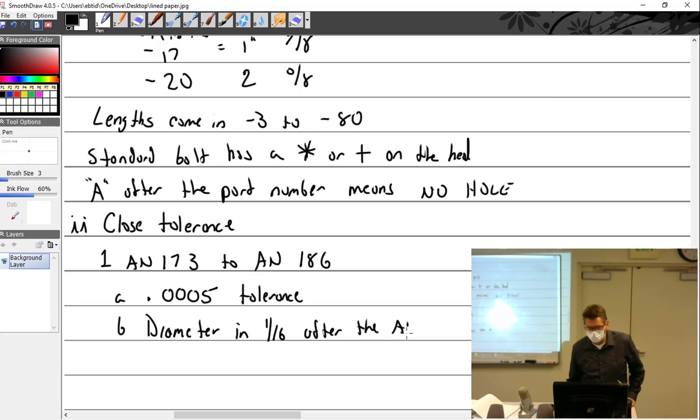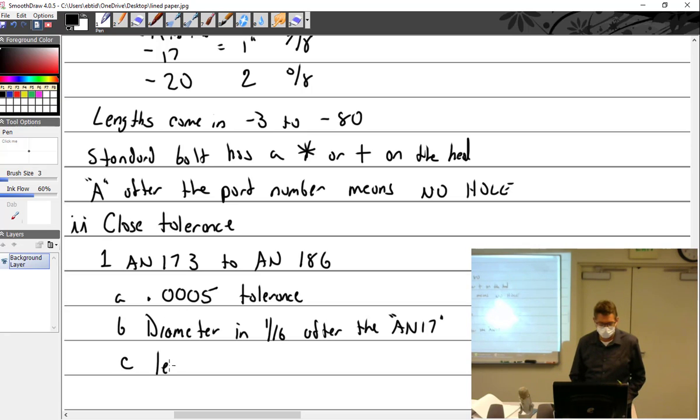After the AN 17 part, or the 18. So AN 173 would be 3/16. AN 174 would be 4/16. So you can just keep going because you're going to get to AN 178, 179, 180, 186, and you're going to add the 16ths.